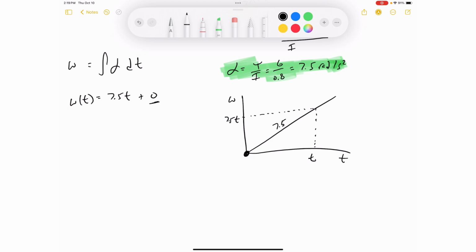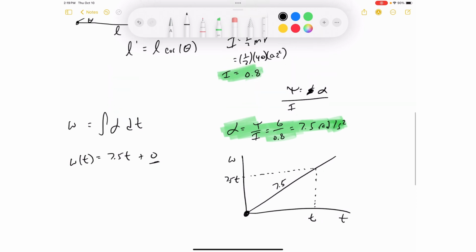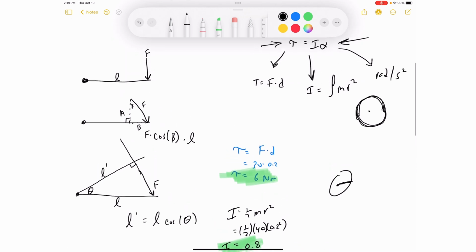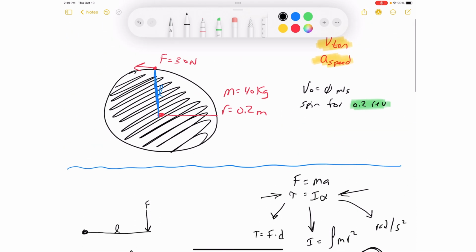Now the area under the curve represents how much we moved. In linear motion, it would be meters, like you moved 5 meters, 10 meters, etc. This is angular movement, so we're not talking about meters here, we're talking about angles: degrees, radians, revolutions. That was already given to us. It says we went 0.2 revolutions.